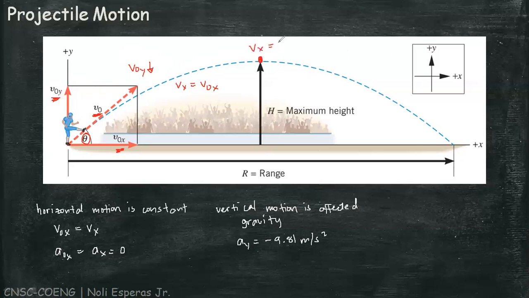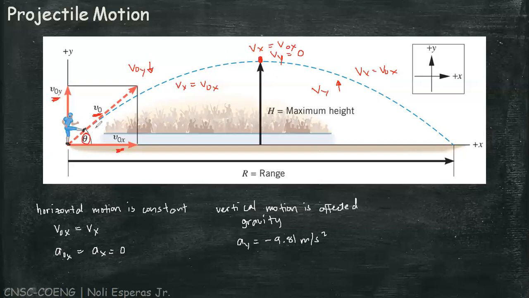Vx is still the same as V naught x, but Vy here at the maximum height is now equal to 0. And as it goes down, Vx is still equal to V naught x and Vy is increasing, meaning it starts to accelerate.